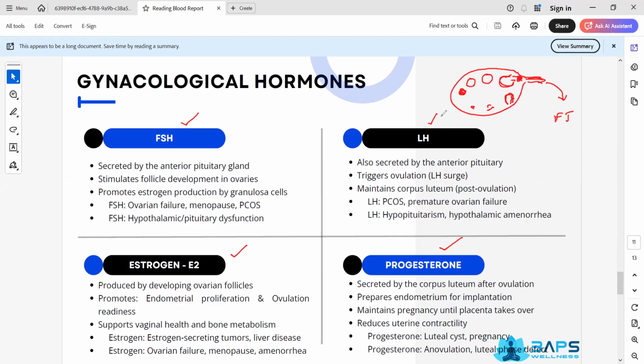So in the ovary, estrogen is produced, and then progesterone also is produced, and both are regulated, triggered, and controlled by the pituitary gland by way of follicle stimulating hormone and luteinizing hormone. LH is luteinizing hormone. So what happens up to this ovulation? That is one phase.